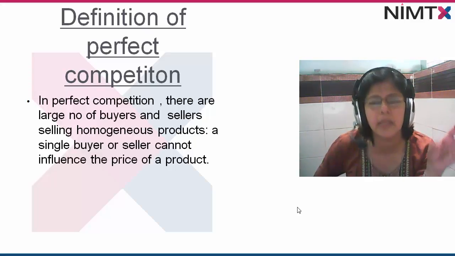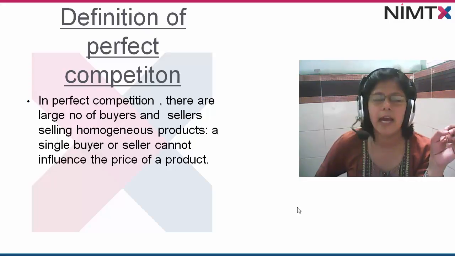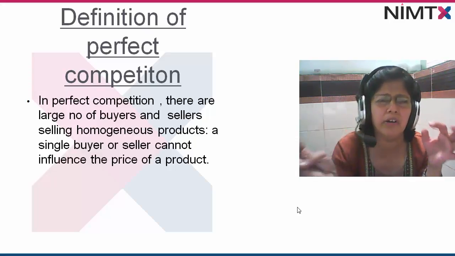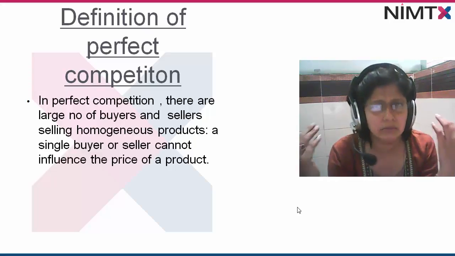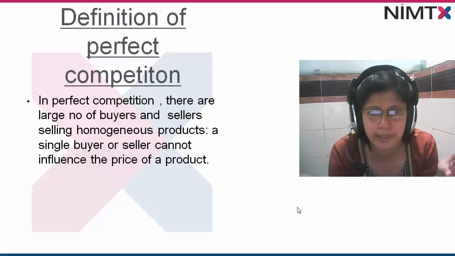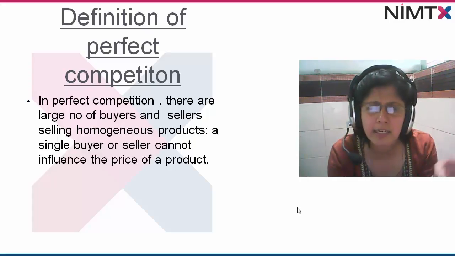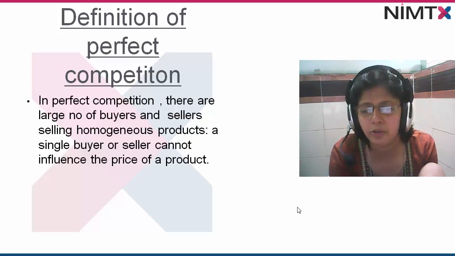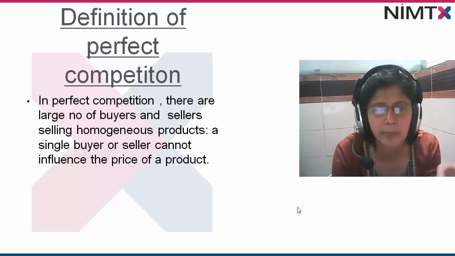For example, after the production of wheat, a large number of farmers come to the market and sell their product, and they are all selling the same kind of wheat, but there is some differentiation between their prices.